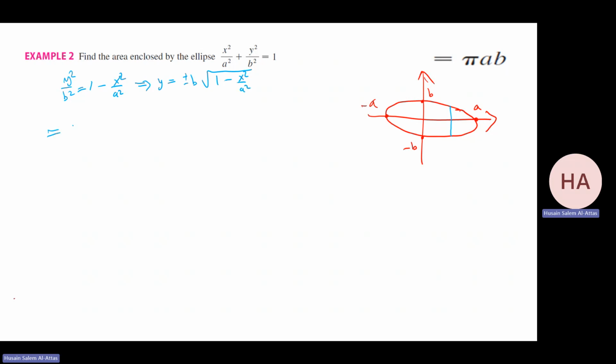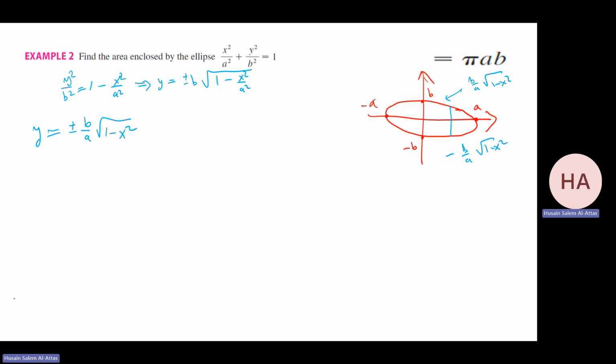I can simplify this. That will be plus or minus b over a square root of a square minus x square. So the upper one is b over a square root of a square minus x square, and the lower one is minus b over a, assuming b and a are positive, square root of a square minus x square.